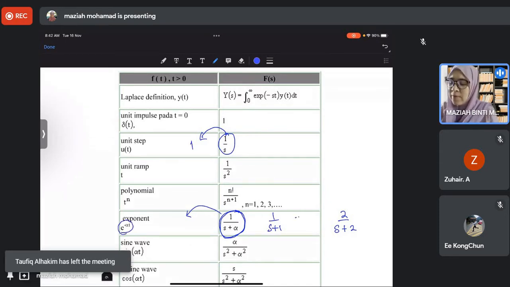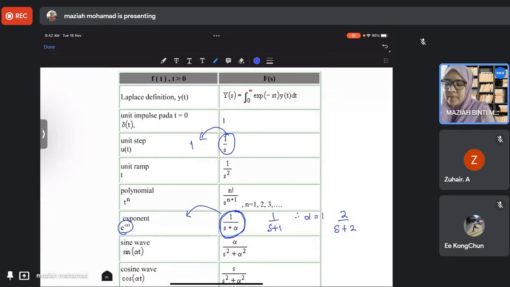Here alpha is equal to 1, so if we inverse, it will become exponent negative t. And for 2 over s plus 2, it is equal to 2 multiplied with 1 over s plus 2.